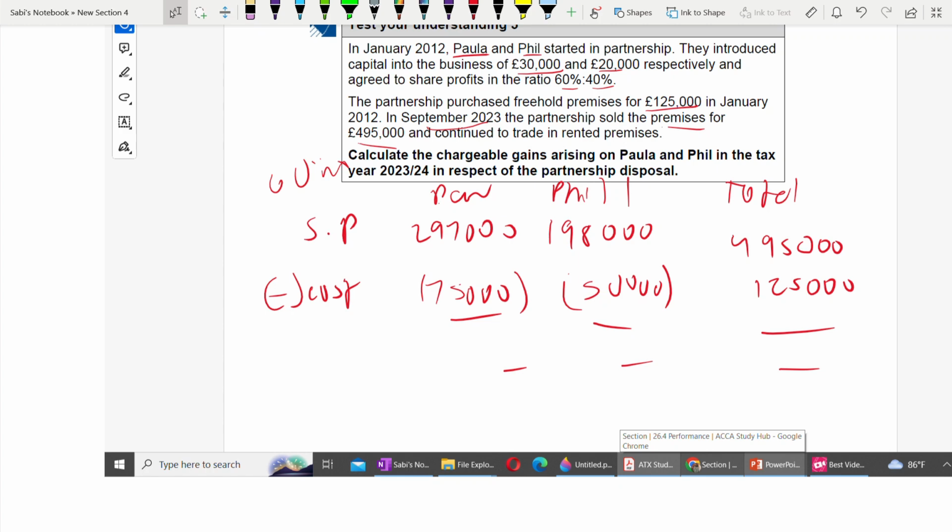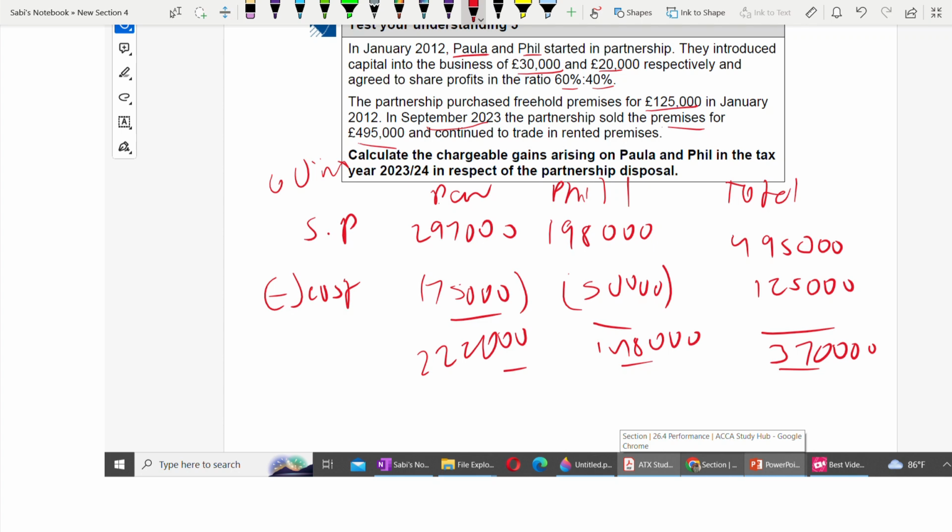So now 222,000. This is the gain, chargeable gain. 222,000 and 148,000. 370,000 is the total gain from both the partners.